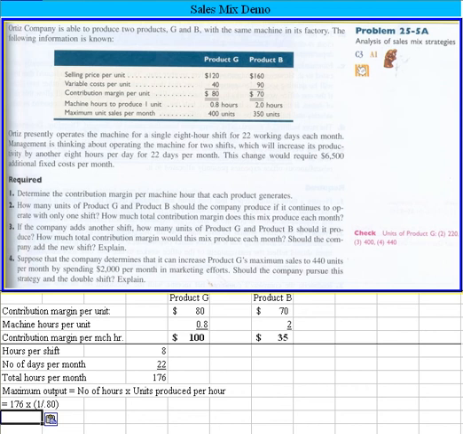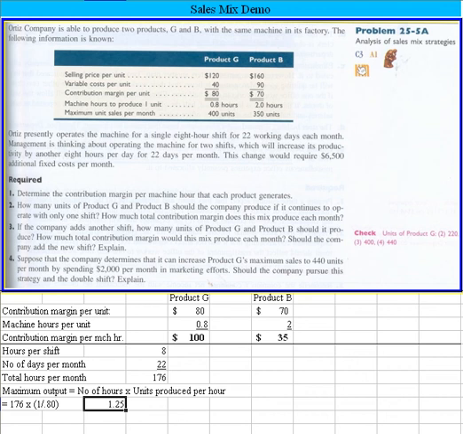Everyone see why I'm inverting that? If it takes 0.8 of an hour to make 1 unit, then if we take 1 divided by 0.8, we know that we can make 1.25 units per hour.